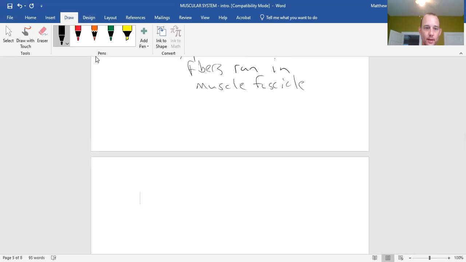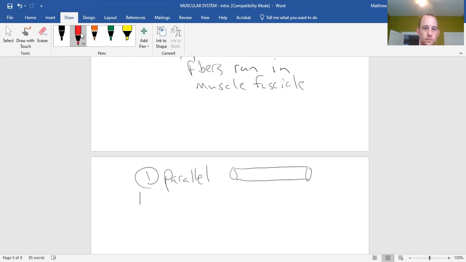Number 1 architecture muscle bundle-wise is parallel. And in a parallel muscle, if you have a bone and that muscle, we'll draw one in red.